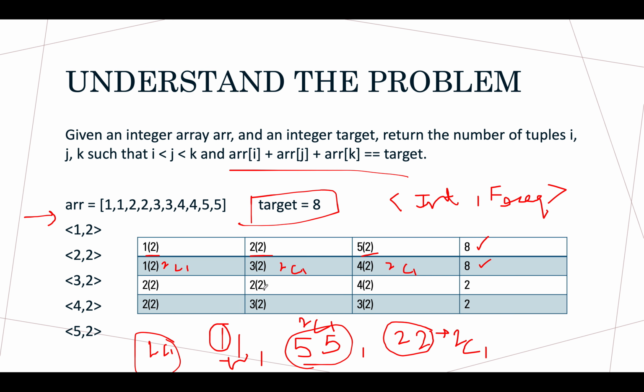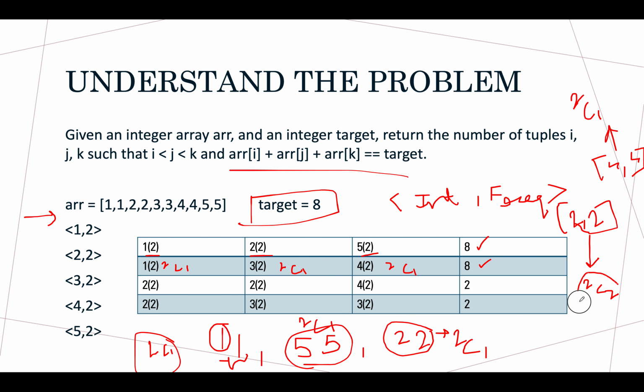And let's talk about the third case. We have 2, 2 and 4. Since there are only two 2s, we need to select both of them together. We also have two 4s, so the possibility would be: any one 4 out of these two, that would be 2c1, and from the 2s we need to pick both of them, so 2c2.